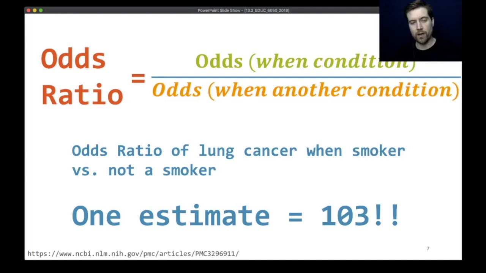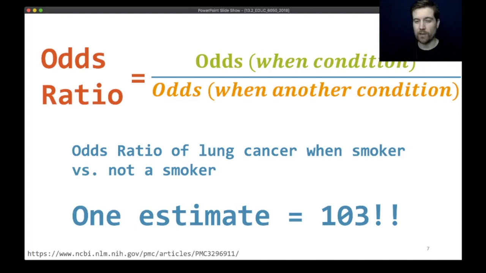One last thing to note before we finish this mini lecture is sometimes you'll see people interpret odds ratios as, for example, with the estimate of 103, they might say the probability of getting lung cancer when a person's a smoker is 103 times bigger than one not a smoker. But you've got to remember it's odds, not probabilities.